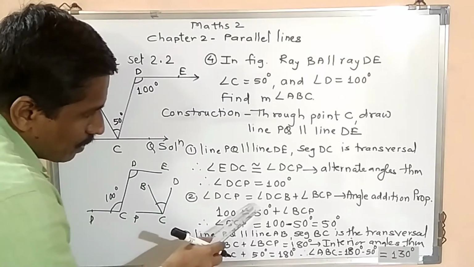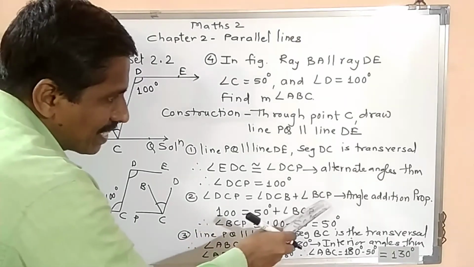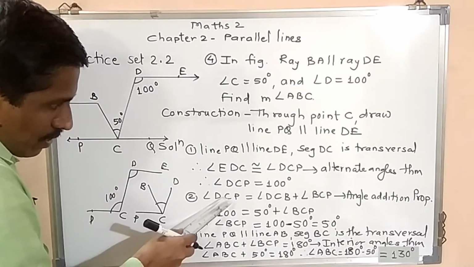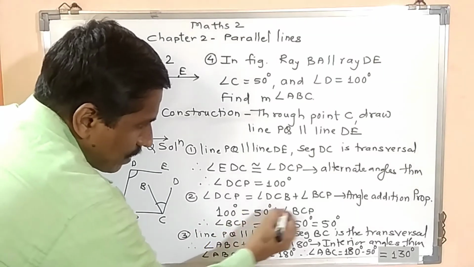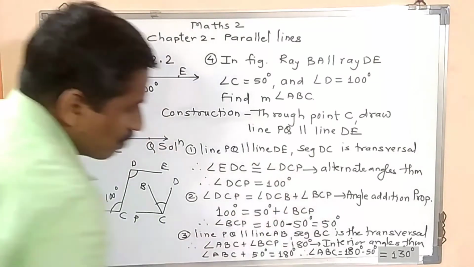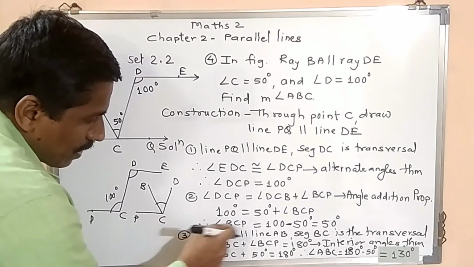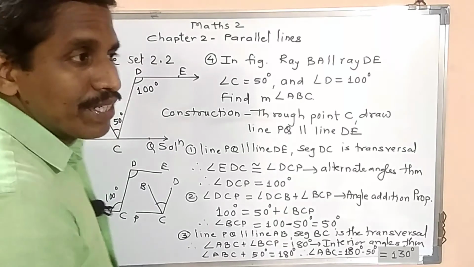Therefore, angle DCP is equal to angle DCB plus angle BCP. Substituting the values, measure of angle DCP, 100 degrees, is equal to 50 degrees plus measure of angle BCP. This 50 I will transfer here. Measure of angle BCP is 100 minus 50, that is 50 degrees.